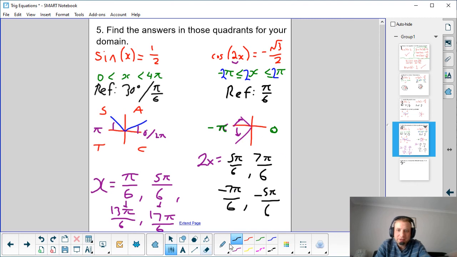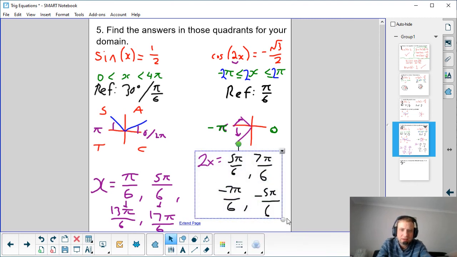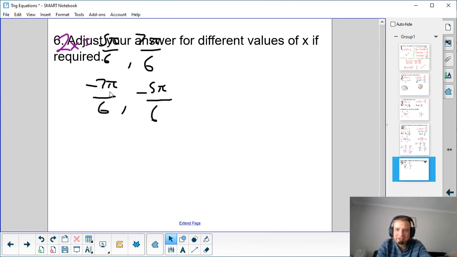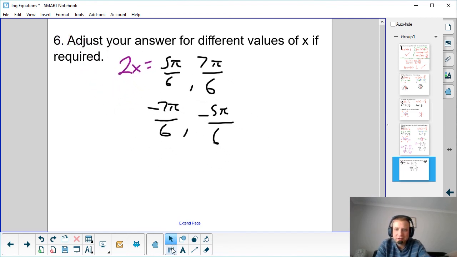Now we have one more step to go with this, because we've solved for 2x, not x. Okay, this one's done. X equals this, this, this, and this. But in any equation we're solving for x, we're not solving for 2x. So we have to adjust our answer for these different values of x. We know that if my x is being multiplied by 2, the correct approach is to divide by 2.